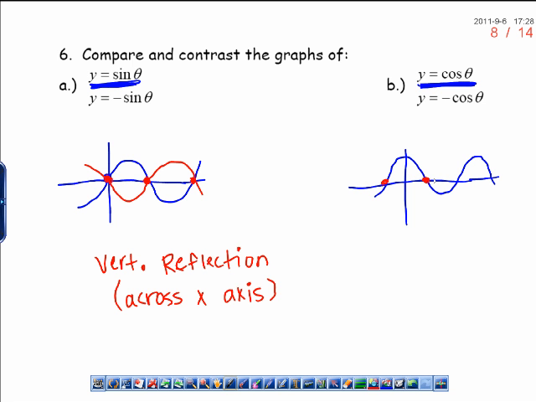All the points on the sinusoidal axis, they don't change, okay, because if you reflect something over the x-axis, and it's on the axis, it won't move. But the high points become low points, and its reflection looks very similar to what happens with sine. So it's the same thing that's going on here, a vertical reflection across the x-axis.